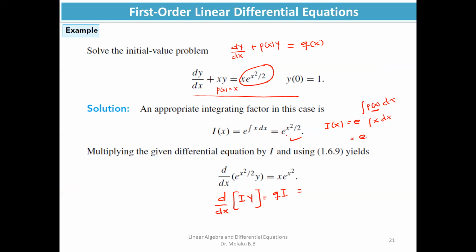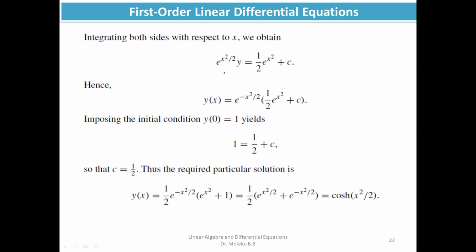Q is here, e to the power of x squared over 2, times I, where I is e to the power of x squared over 2. This gives e to the power of x squared times x. And now the integration is easier.